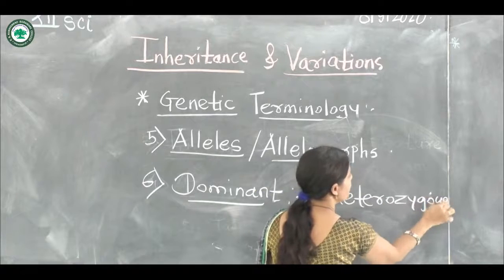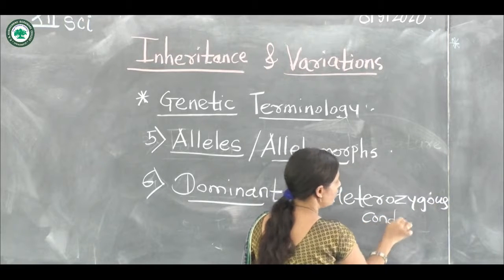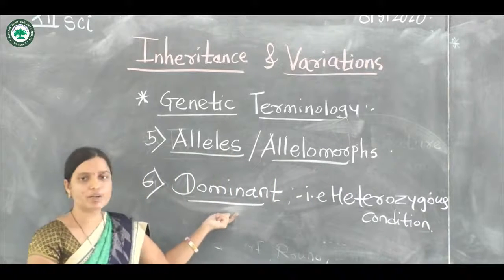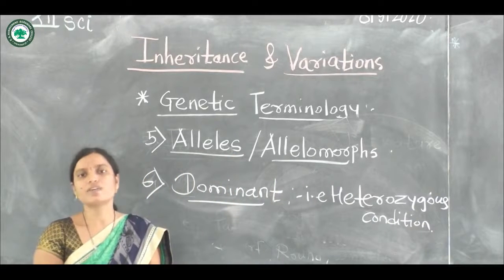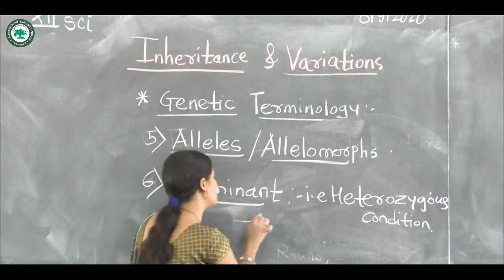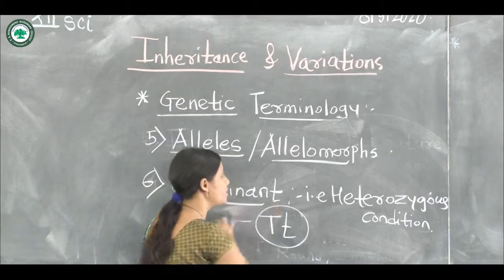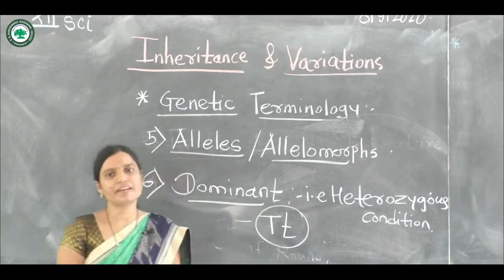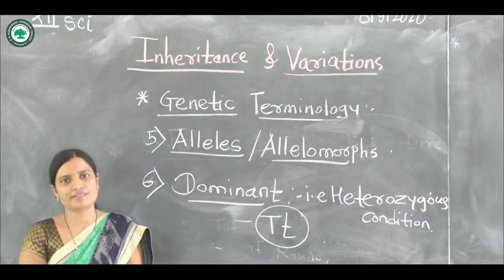For example, in the crossing between tall and dwarf plants, the F1 hybrid produced is tall and heterozygous. This capital T, small t condition has a dominating allele.